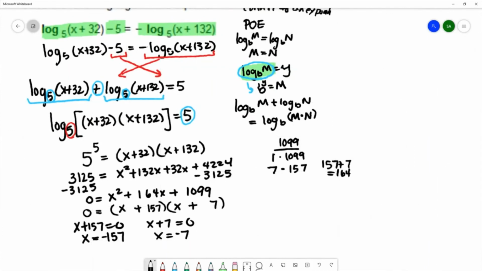So I need to go back to that original equation to check to see if x equals negative 157 is in the domain of this logarithm.